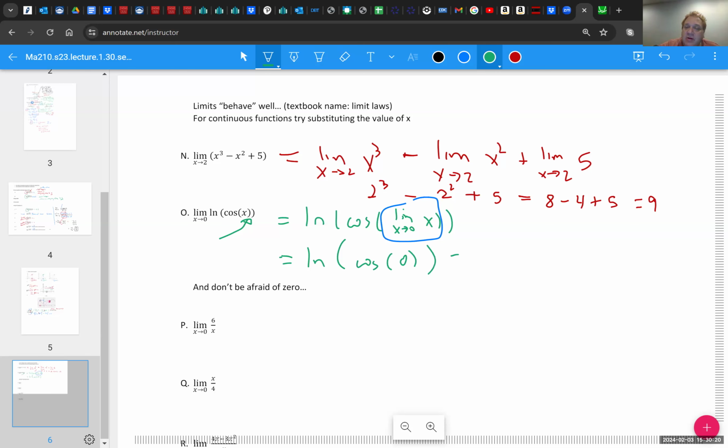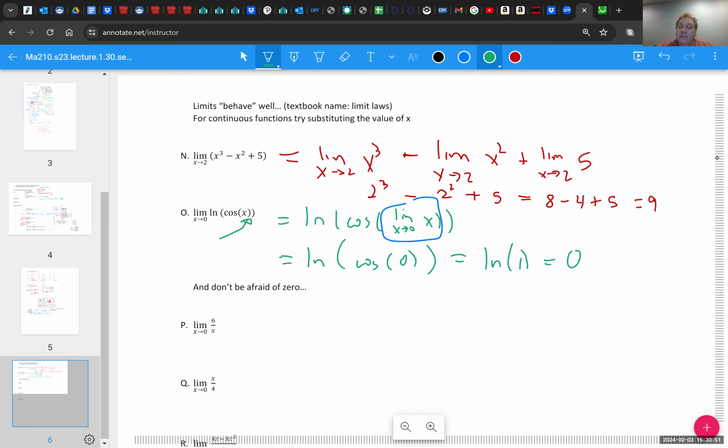If you remember your trigonometry, the cosine is the x value on the unit circle with this angle measurement. The angle measurement of 0 means we're right on the x-axis, so the cosine of 0 is equal to 1. And if you remember your logarithms and exponentials from your algebra and precalculus courses, the natural log of 1 asks: what's the exponent on e that gives a value of 1?